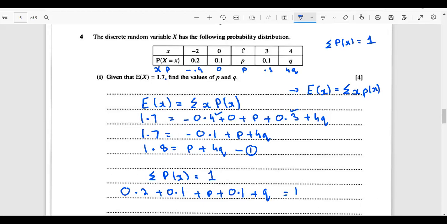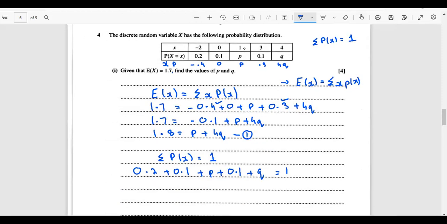I've just added up all the probabilities and equated that to 1 because I know the sum of probabilities is 1. Now we need to simplify this. It would be 0.4 plus P plus Q equals 1, and P plus Q is going to be 0.6. Now these are your two equations.